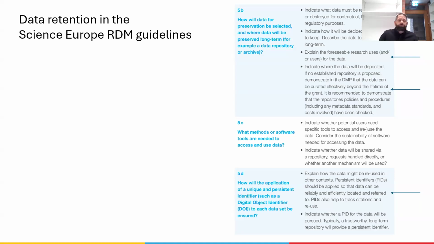So basically, you have to think about all aspects of how data can be saved, preserved, and then how it can be shared and how other people can actually use that data itself, because it's no good just chucking the data onto a repository and leaving it there without any description or without any software to work with it. It explains also how data will be managed in a sustainable way beyond the lifetime of a grant.